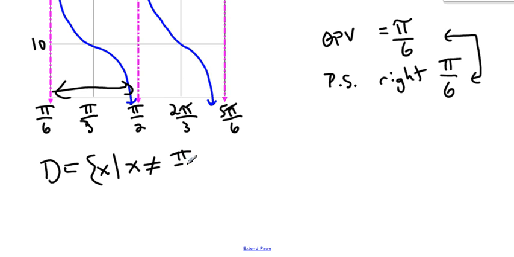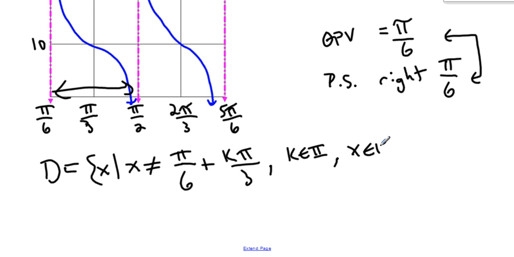Then our first asymptote's at pi over 6, and after that, they're every pi over 3 away. So if k is an integer, then you can find another asymptote by starting at pi over 6 and moving a whole value of pi over 3 to the left or right. And so k is an integer, x is a real number.